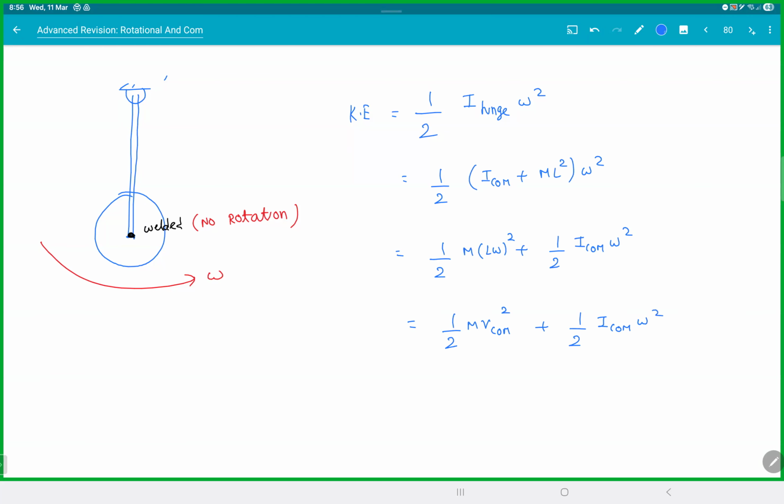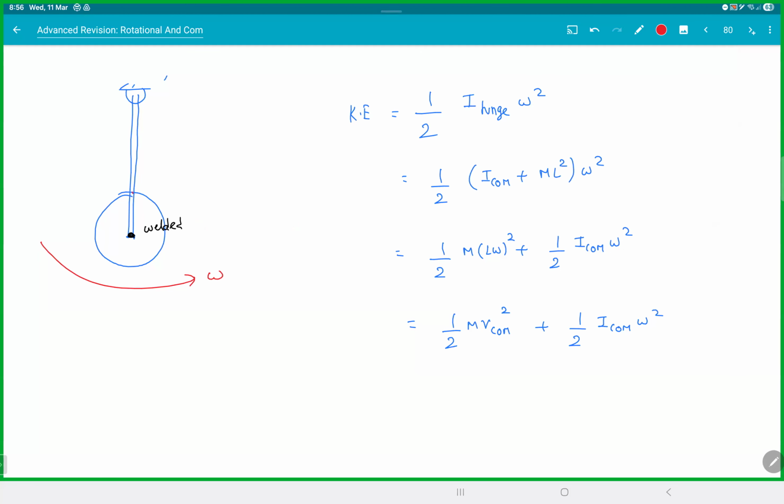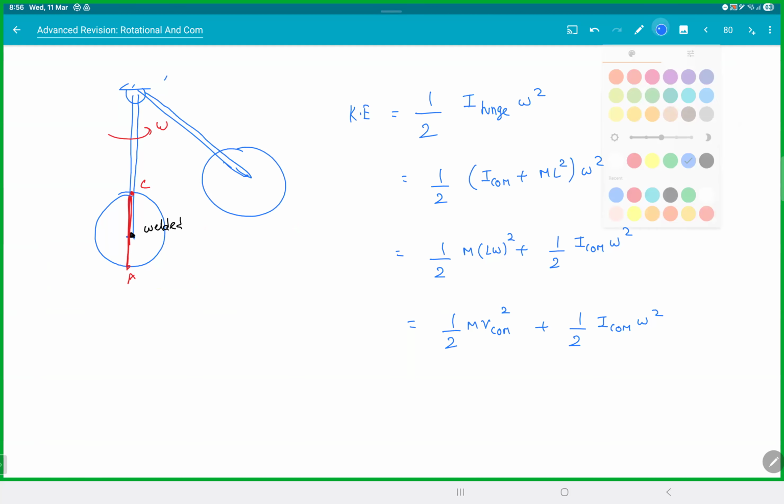So you know what you can do for this? When this is rotating, see what is happening. So this was C and this was A. This is the line, so this is what we are assuming. When this thing rotates, the center of mass is going in a circle.